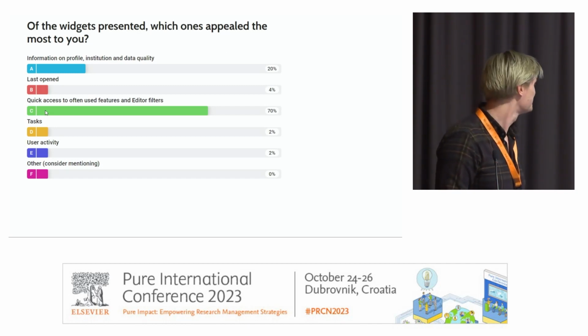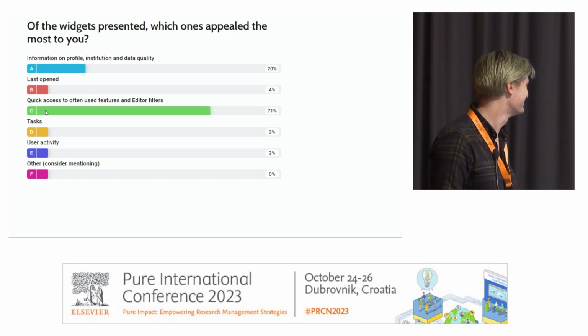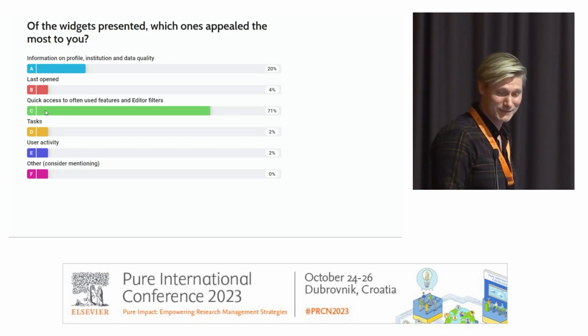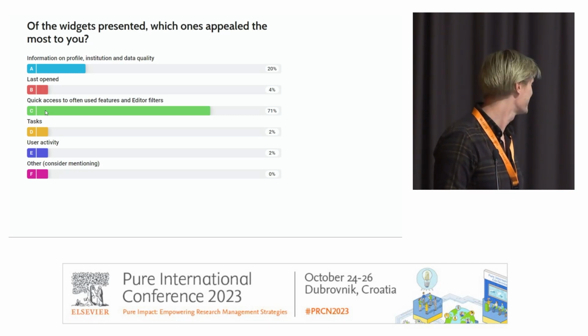I would agree as well. So that's basically the two that were voted on. Last opened, maybe because you already have the history. Tasks, you don't really want to do tasks. It takes too much work. User activity surprises me a bit. I was expecting more interest in that one.